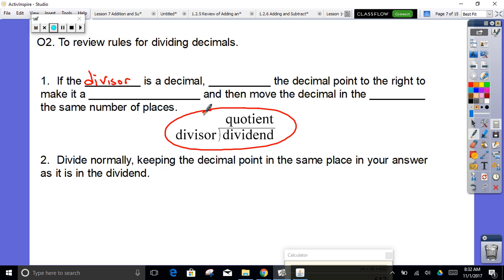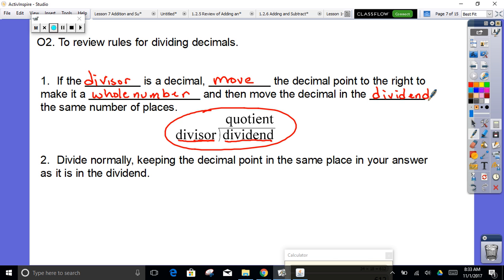So if the divisor, this number out in front, is a decimal, you're going to move the decimal point to the right to make it a whole number. And then move the decimal in the dividend, so move the decimal in this number, the same number of places.